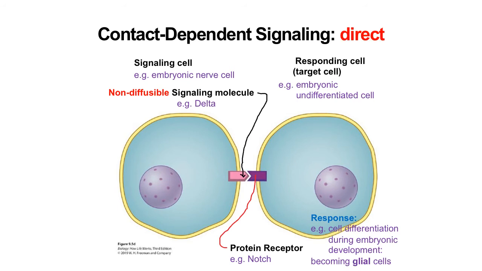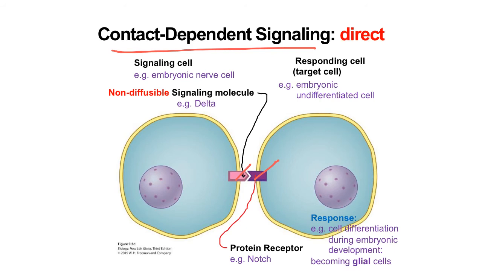Finally, some signaling between cells occurs because of direct contact between neighboring cells. So this form of communication is called contact-dependent signaling or direct signaling. Here, what we have is a transmembrane protein on the surface of one cell, the signaling cell, and a transmembrane protein on directly adjacent cells acting as a receptor.